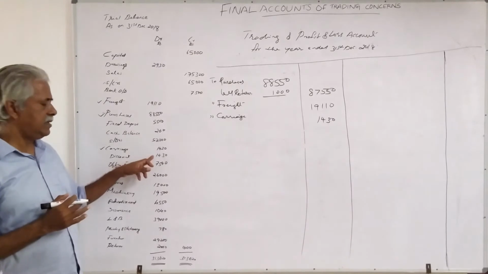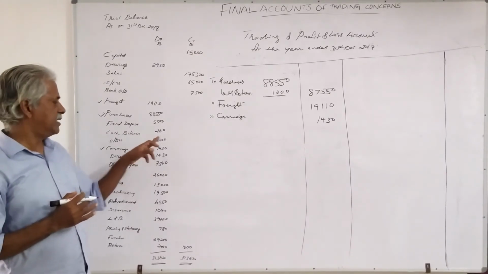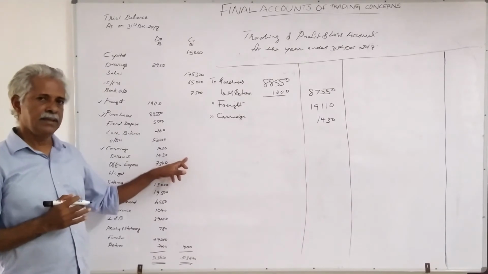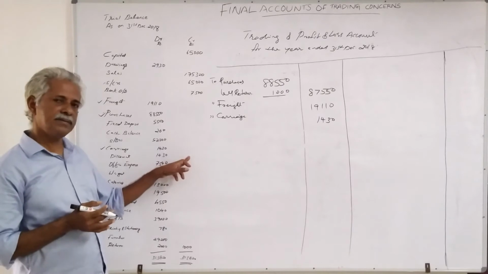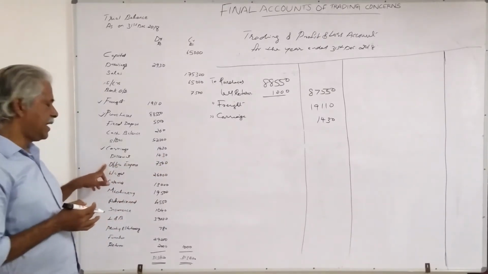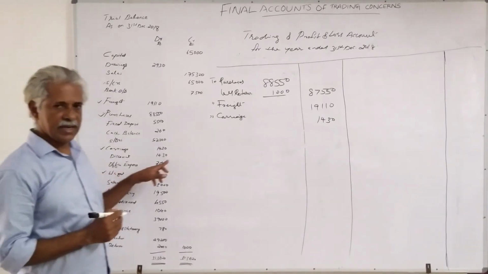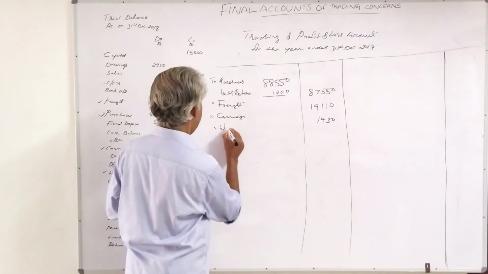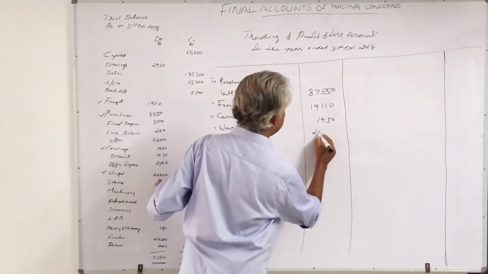If it is given in the debit column, this is an indirect expense. If it is given in the credit column, it is an indirect income to be taken in the profit and loss account. Next, office expenses, indirect item. Then wages, direct expenses. To wages, 26,000.